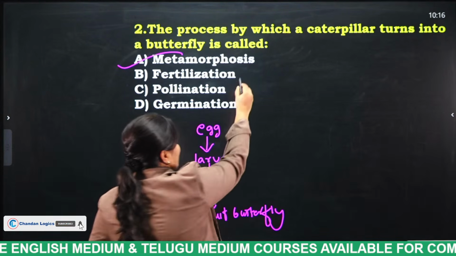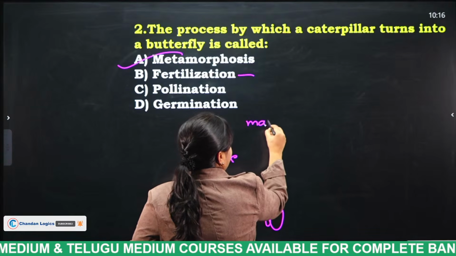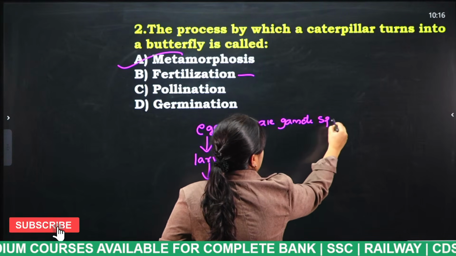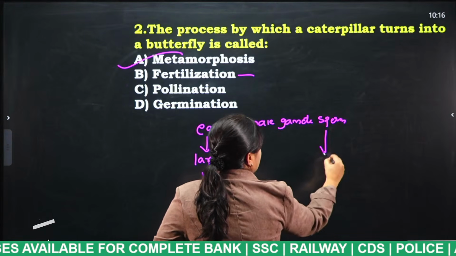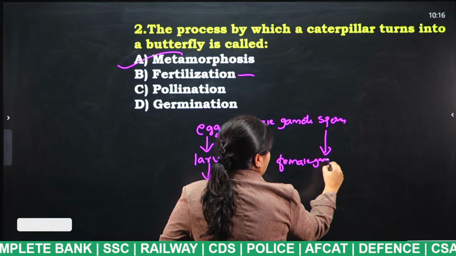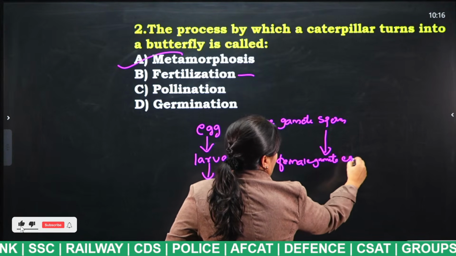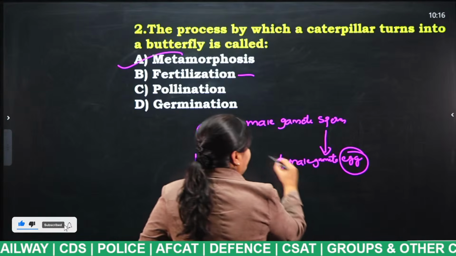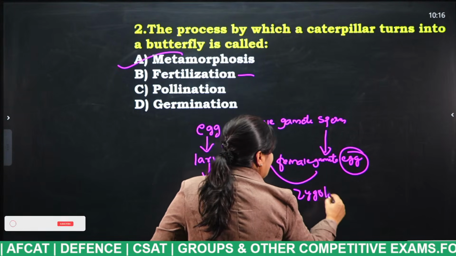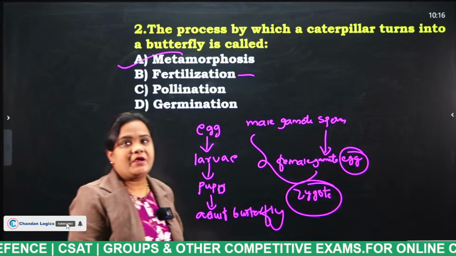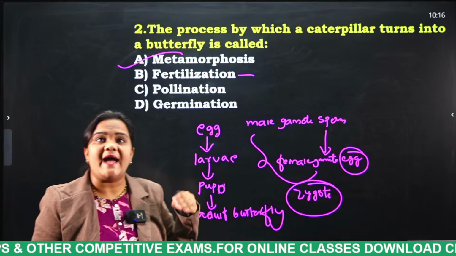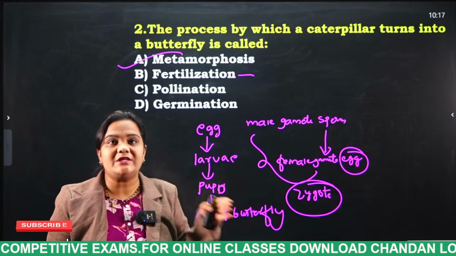So the male gamete sperm fuses with the female gamete ovum or egg, and these both fuse together and give a zygote. This process we call fertilization.